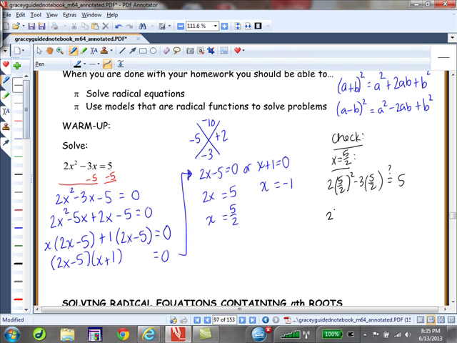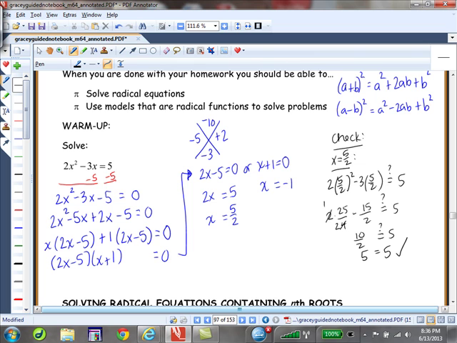So this would be 2 times 25 fourths minus 15 halves. Is that equal to 5? 2 goes into itself once, into 4 2 times. I now have the common denominator. So 10 halves, is that equal to 5? 5 is equal to 5. That checks out.